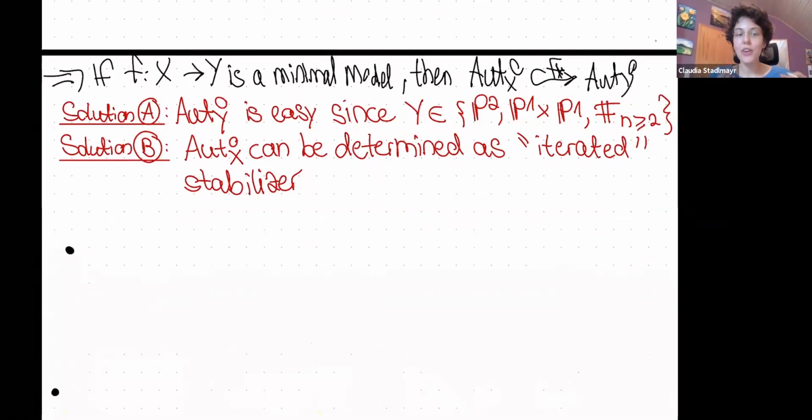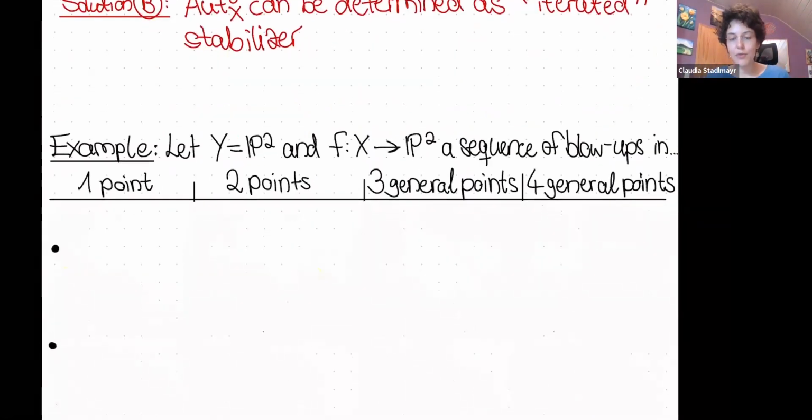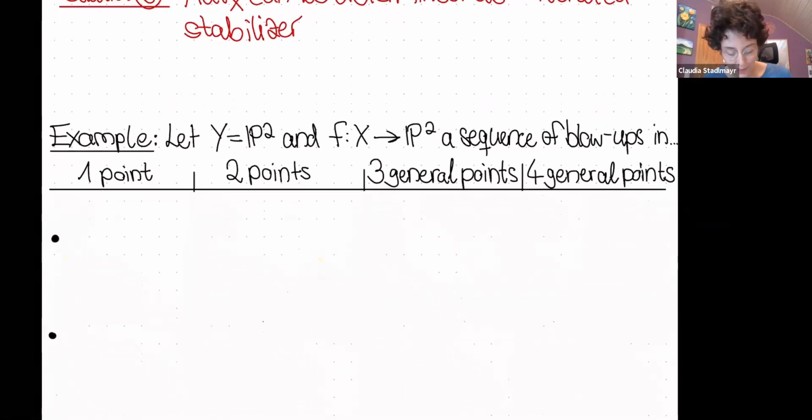And next I want to show you in an example how powerful this approach to question 2 with Blanchard's lemma actually is. For this, we consider the blowup of P2 in 1, 2, 3, and 4 points in general position.